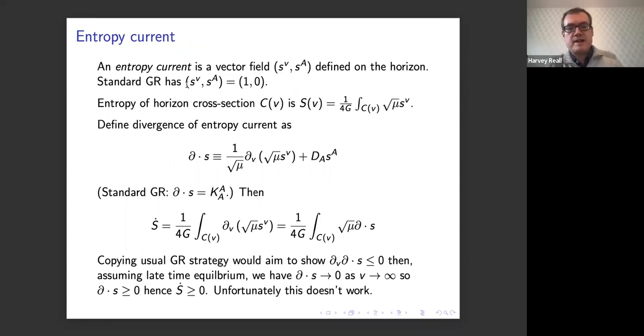For example, in standard GR, the entropy current just has components 1, 0. The entropy density is 1 in our units. And then the entropy of a horizon cross-section, a cross-section of constant V of our horizon, is just given by integrating SV over that cross-section, like this formula here.